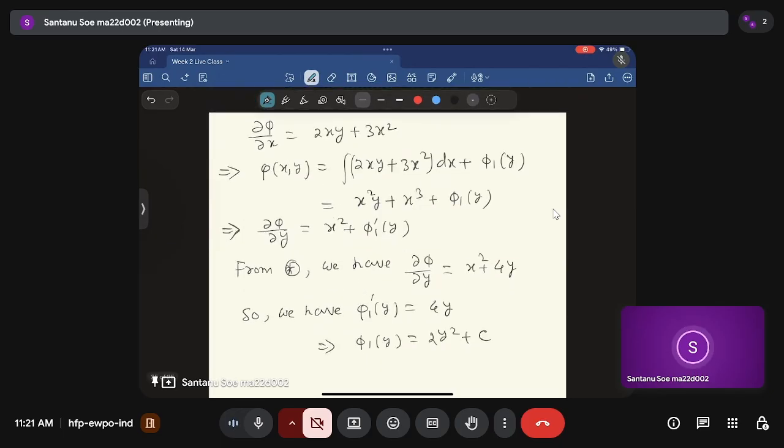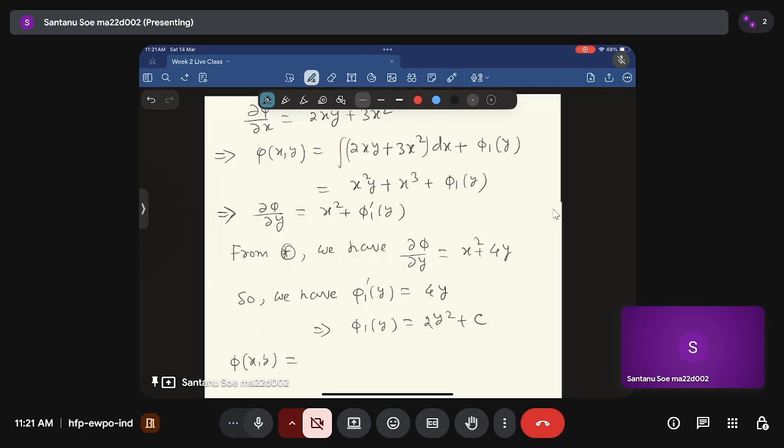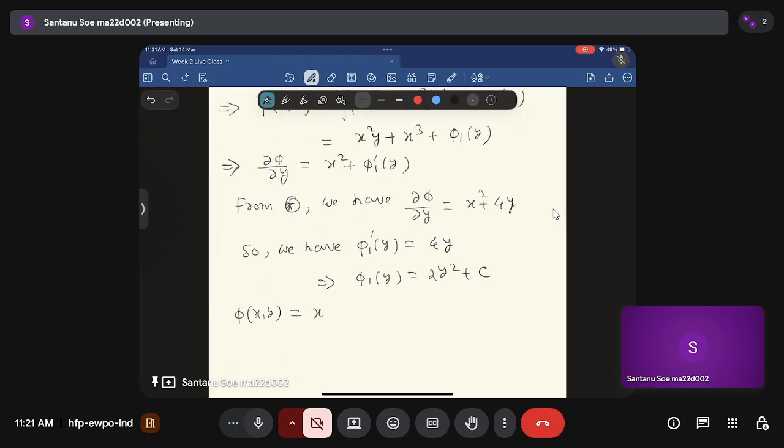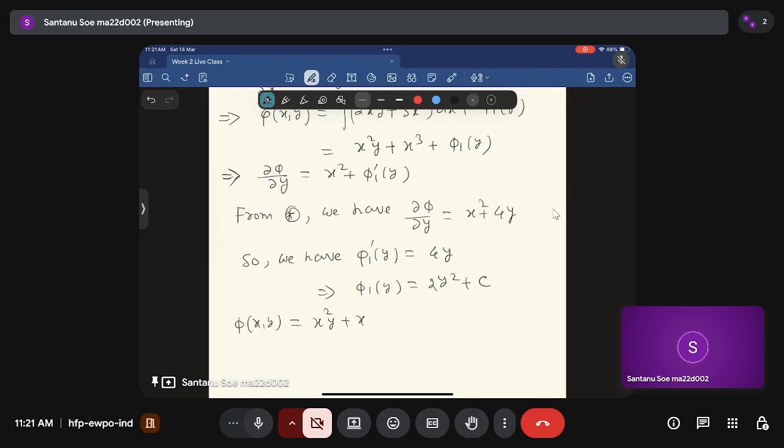So now we can substitute this phi 1 of y, and we get our required potential function phi of xy as x square y plus x cube plus 2y square plus c, and of course where c is a constant.